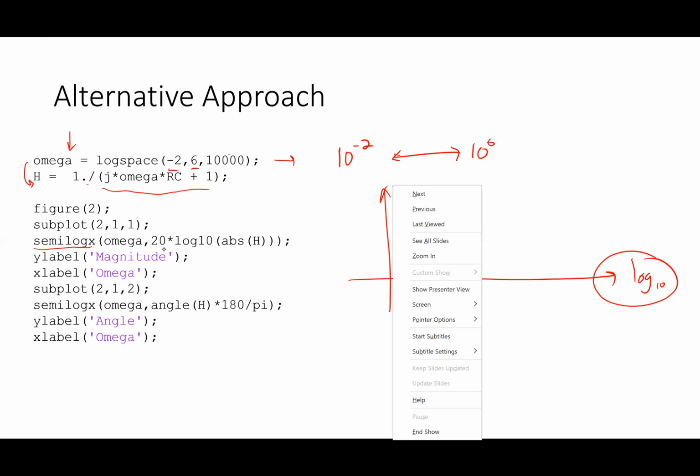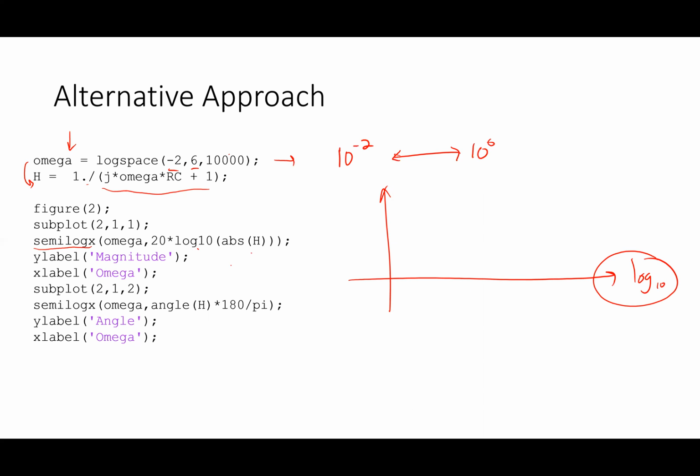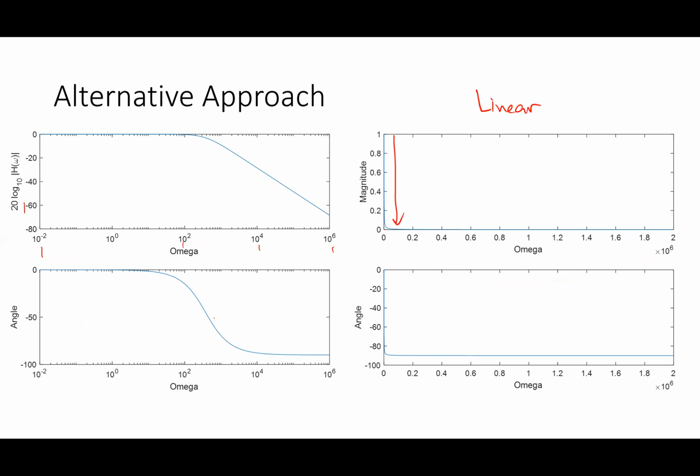And I simply plotted 20 times the log of the magnitude. And for the angle, semilogx means I plot the logarithm of the x coordinate, and then I plot the angle as the y coordinate. That's how I generate the graph like I have shown here on the left.